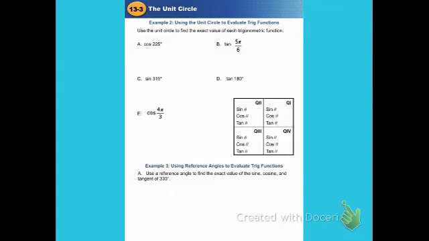And so when I think about where that's located in the coordinate plane, I usually like to draw a picture of it. I think about 225 degrees: I'd have to go 180, and then I'd have to go 45 more degrees. So I would end up right here in the third quadrant. And so I think about "awesome students take calculus."